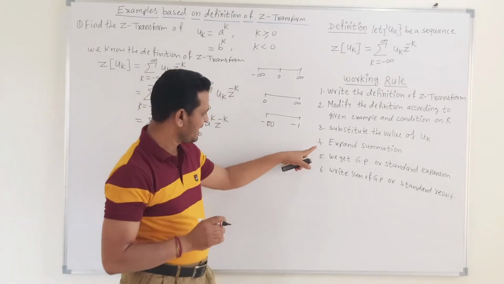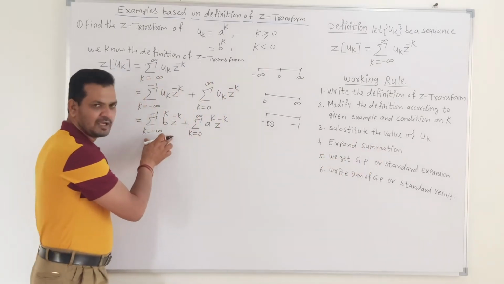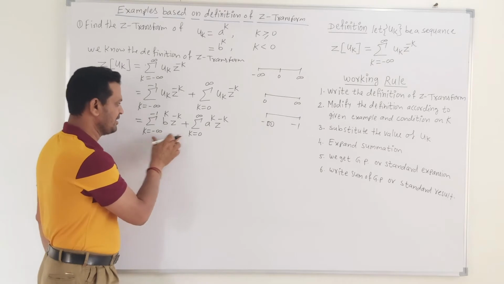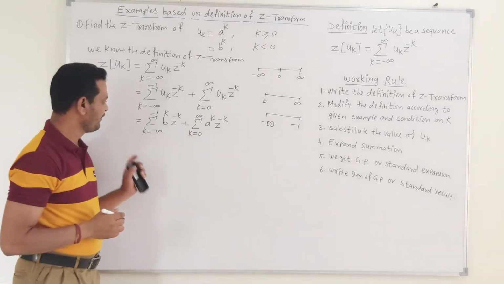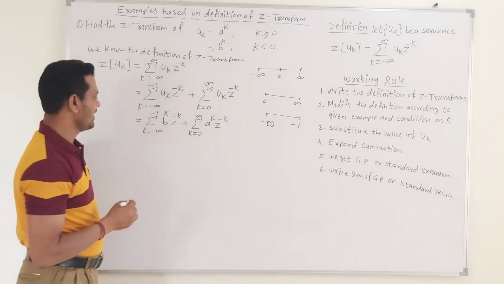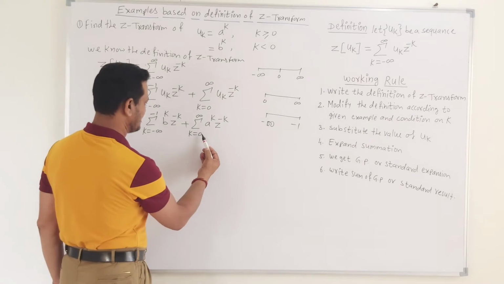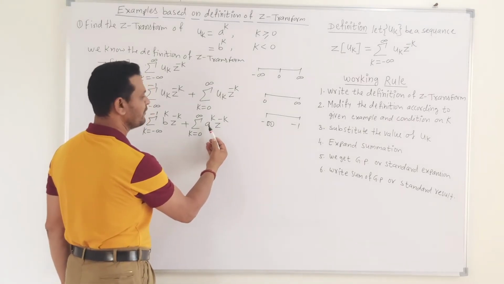Now friends, our next step is to expand the summation sign. That means put the particular values for k in this summation as well as this summation sign and expand them. Let us understand the first and second summations. For the second summation sign, it is possible to put k equal to 0, 1, 2, 3, 4 and so on.